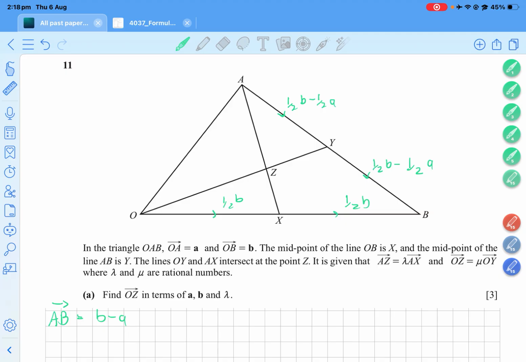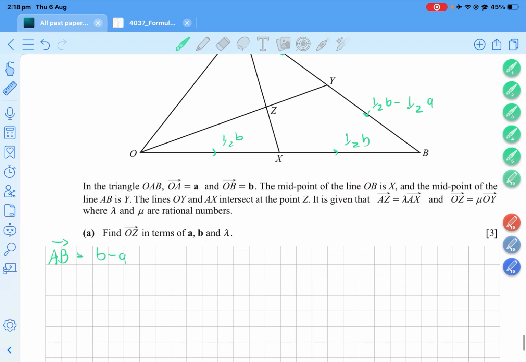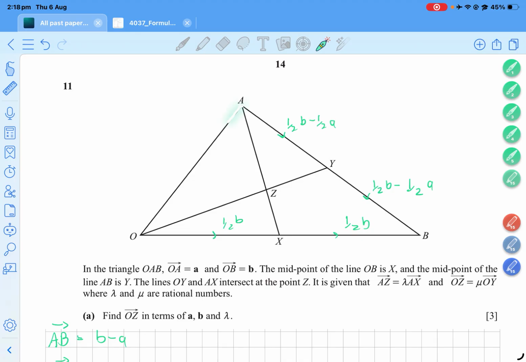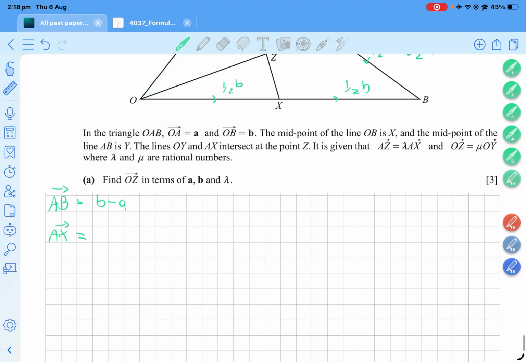So lambda means we have to use AZ instead. So AX, I want to go from A to X, so I'm going against A and to half B, so this will be half B minus A. So AZ is equal to half lambda B minus lambda A.